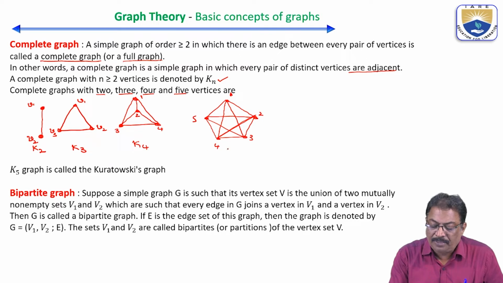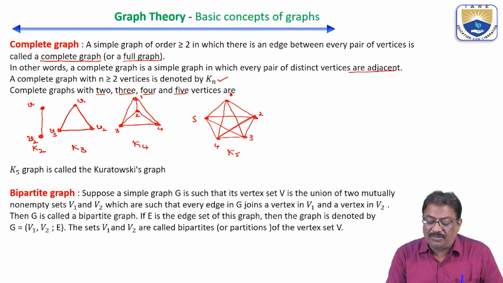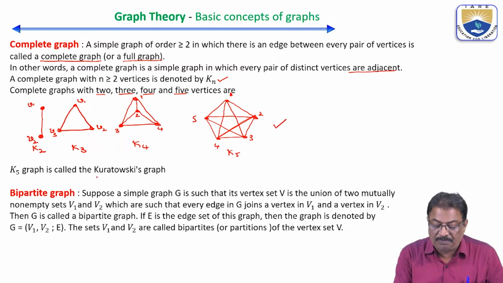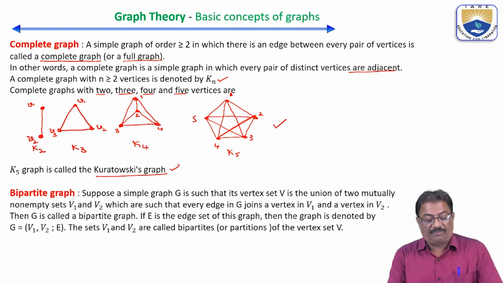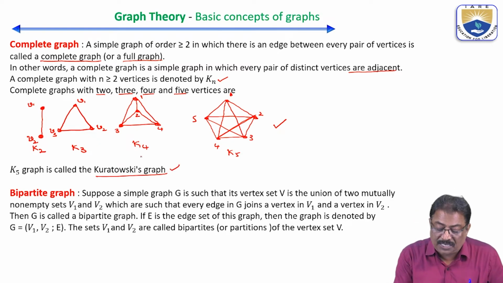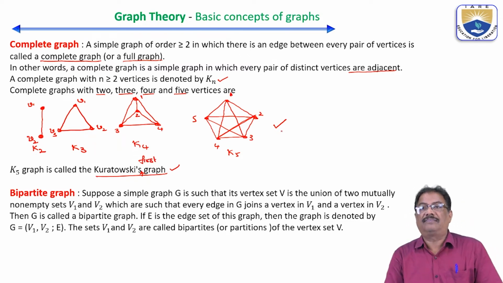So this is a complete graph with 5 vertices. This complete graph with 5 vertices is known as Kuratowski's first graph.